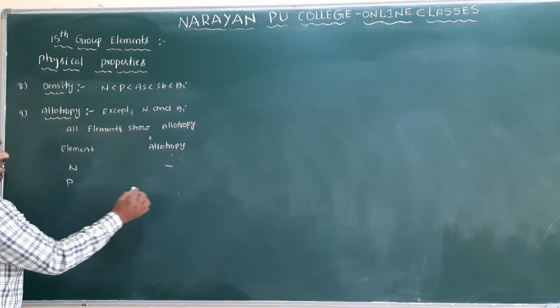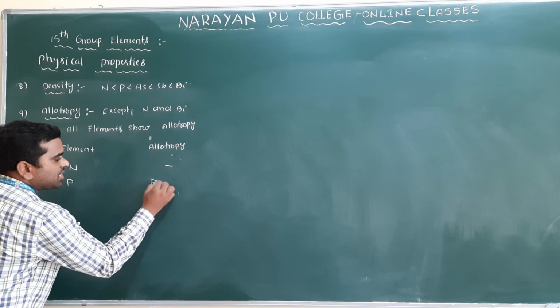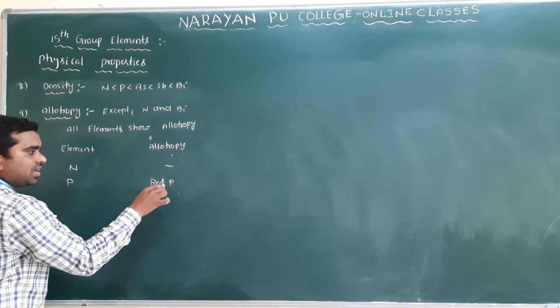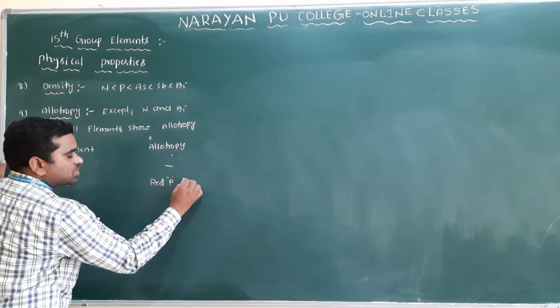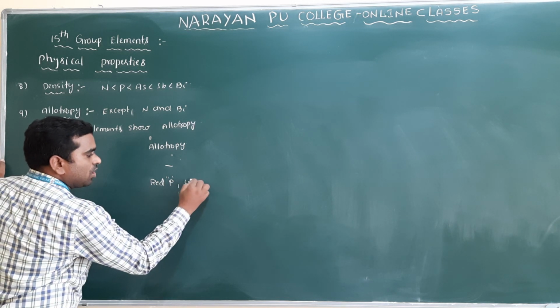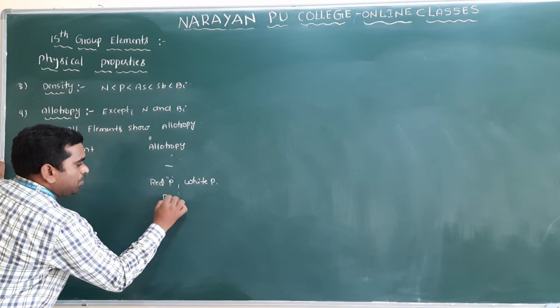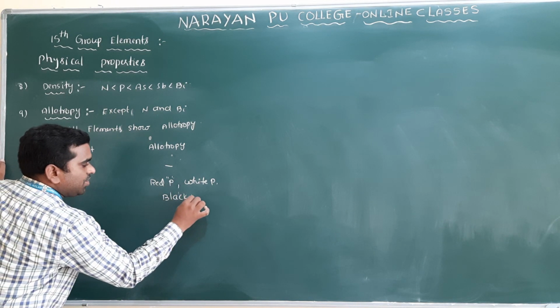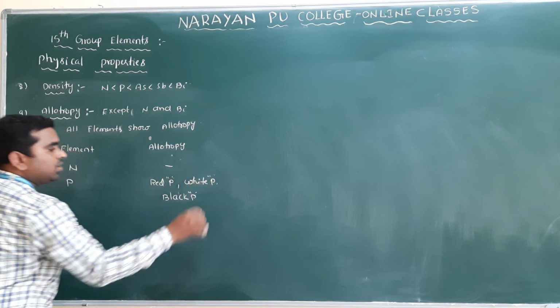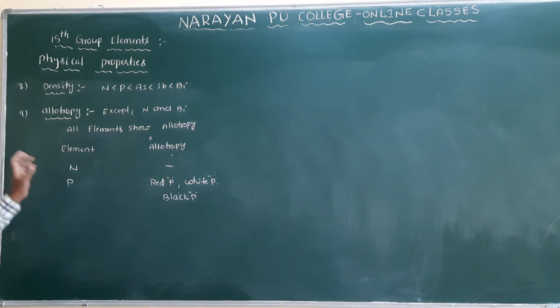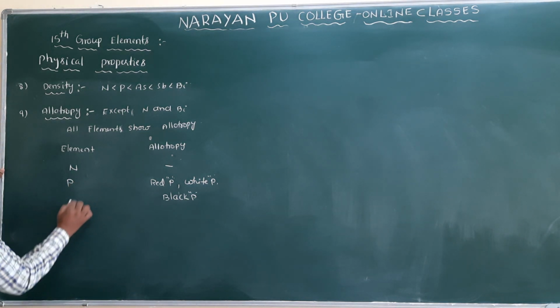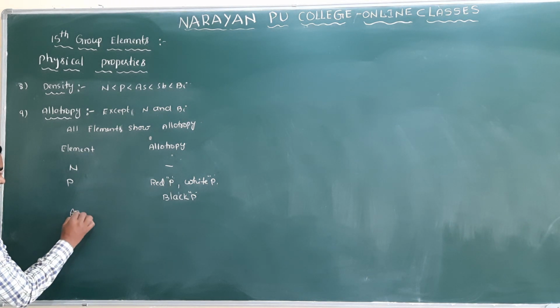red phosphorus, white phosphorus, and black phosphorus. These are the very important allotropic forms of phosphorus. Next is arsenic and antimony.